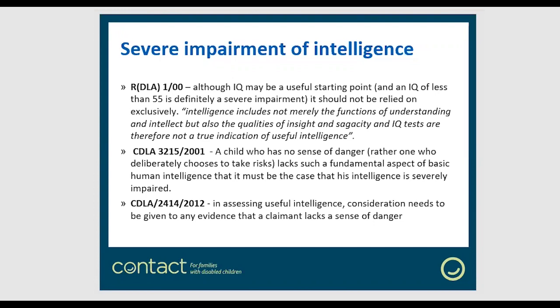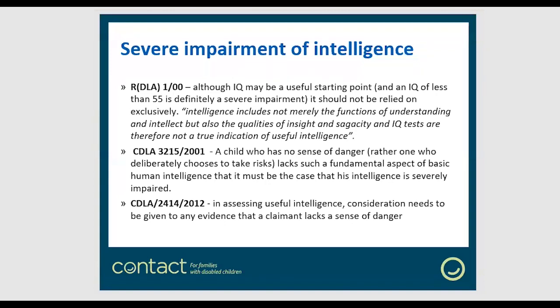So there's CDLA 3215 of 2001, which basically said in that particular case, a child who has no sense of danger lacks such a fundamental aspect of basic human intelligence that it must be the case that his intelligence is severely impaired.